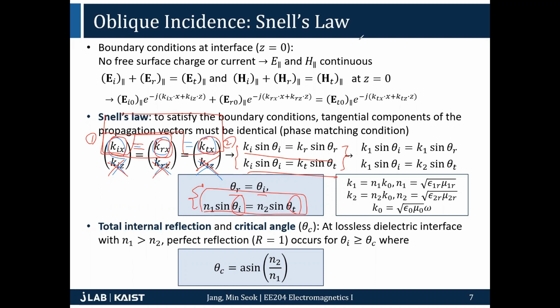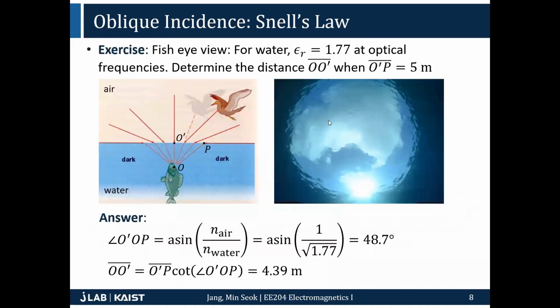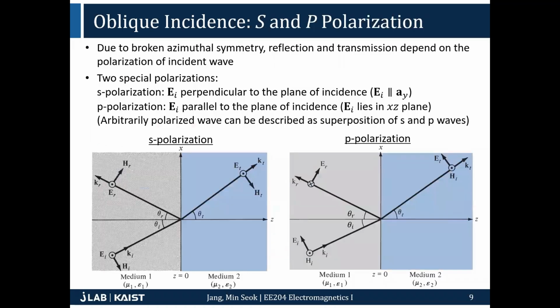So now we want to solve this problem in more detail. What we want to do is split the polarization of the incident wave into two components. The first component is called S polarization, which means the electric field is perpendicular to the plane of incidence.